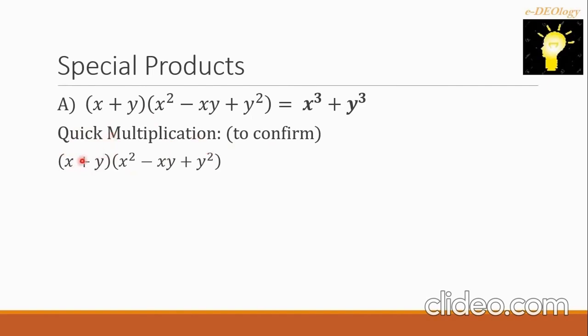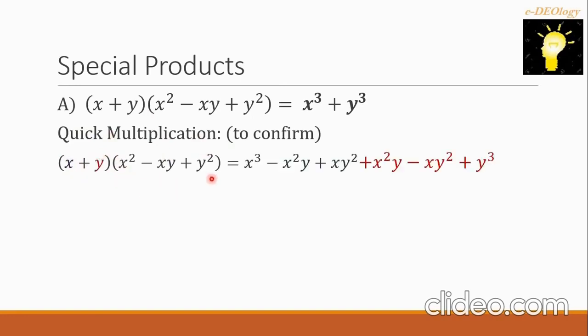Then later I will multiply the y with all the terms of this trinomial also. So it will appear like this. X times x squared, we will get the x cubed. Then x multiplied by negative xy, we will get this negative x squared y. Then x times the y squared, we will get this xy squared.